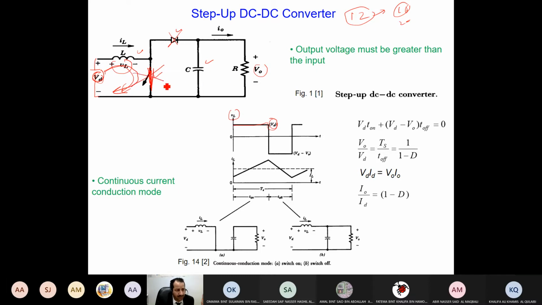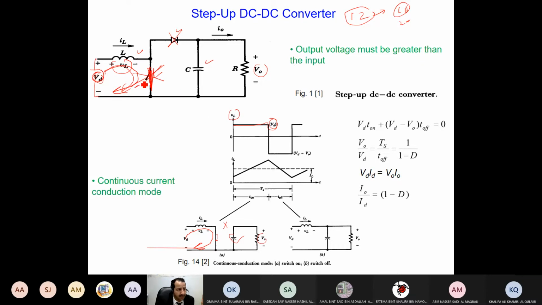When we switch off, by the way, the circuit looks like this. This is the transistor. Okay, it becomes a short circuit. The diode here is open circuit. Okay, all the voltage applies across the inductance, and this capacitor with this resistance are in parallel, but they are isolated from the supply.